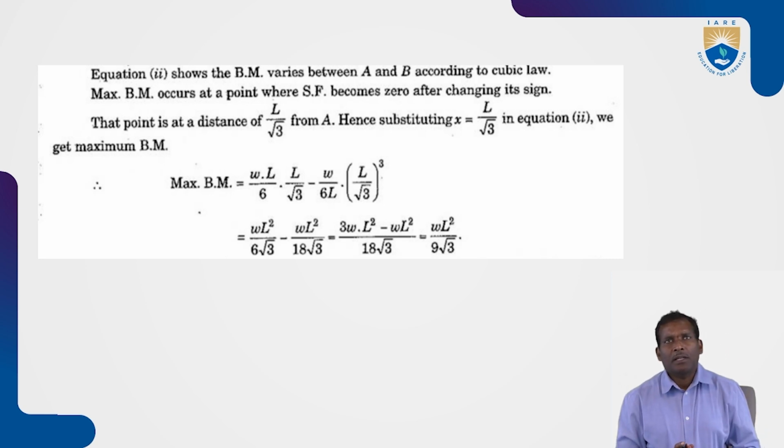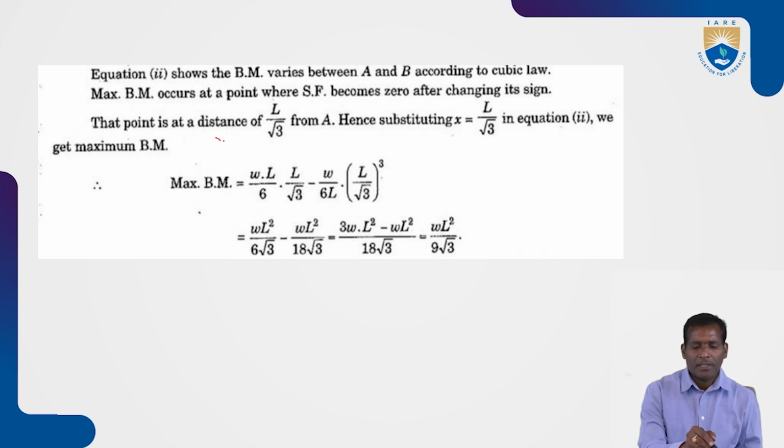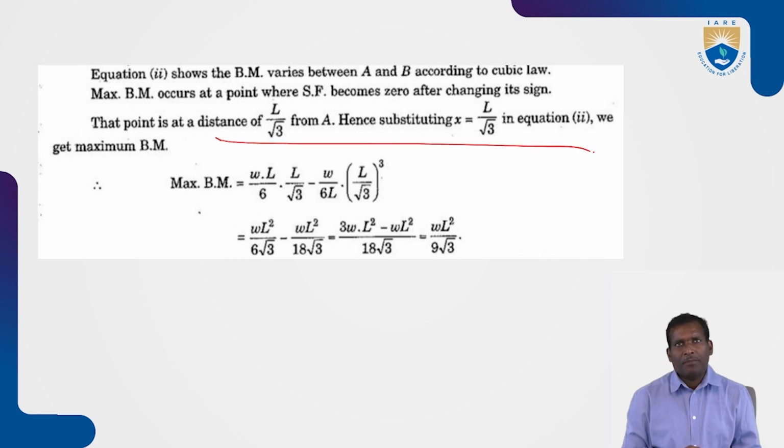So after calculation, the bending moment variation between A and B follows the cubic law. The maximum bending moment occurs at the point where the shear force becomes 0 after changing its sign. That point is at a distance of L by 3 from A. Substituting X is equal to L by 3 in the equation, you get the maximum bending moment.